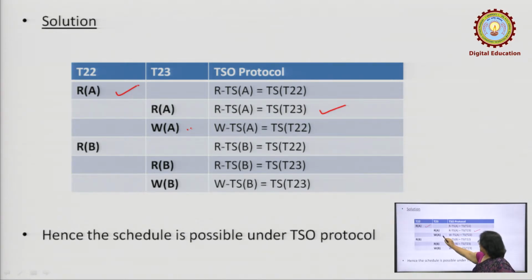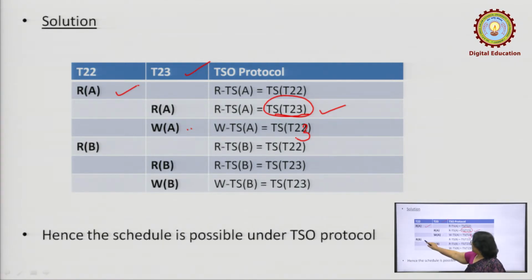This write can be executed because T23 is the same transaction which has last read the value of the data item over here, and the write timestamp of A is set to the timestamp of T23.